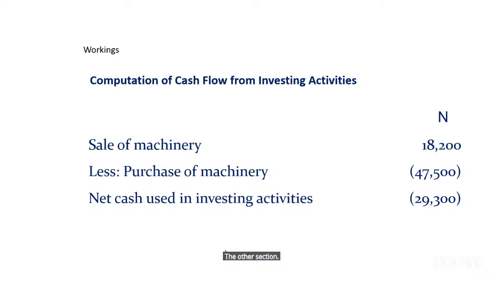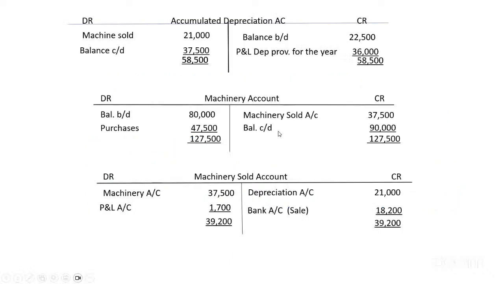That is the accumulated depreciation. This 21,000, how did it come? This 21,000 is, let's look at it here.